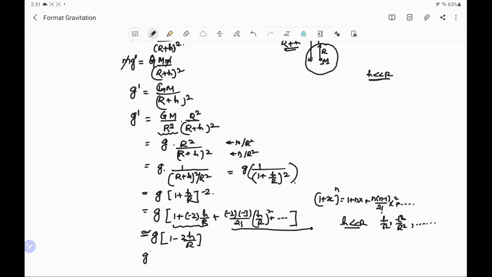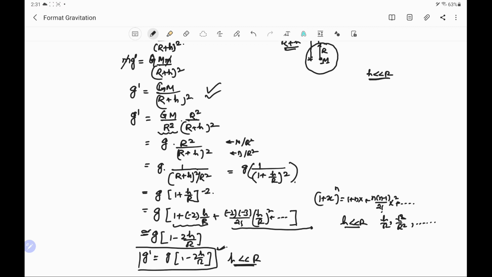Therefore, at a height h from the surface of earth, acceleration due to gravity will be g(1 minus 2h by R), where h is very much less than R. This is the condition for which this formula is applicable. Otherwise, we have to use the earlier formula if there is no restriction on h.